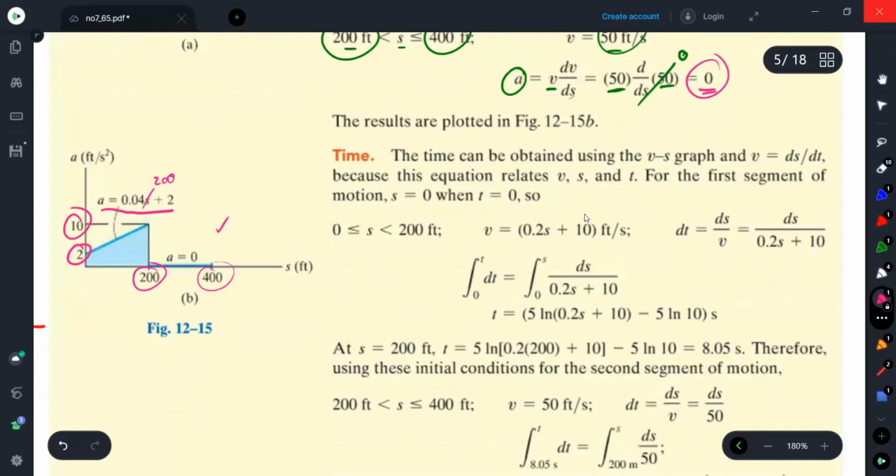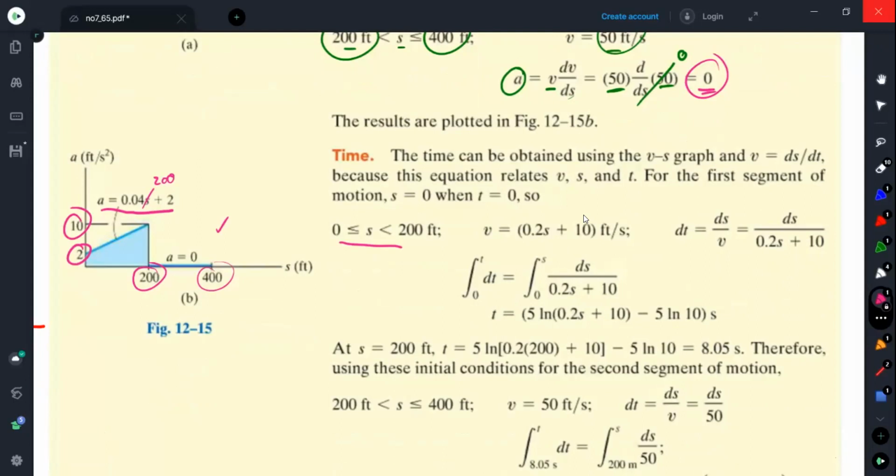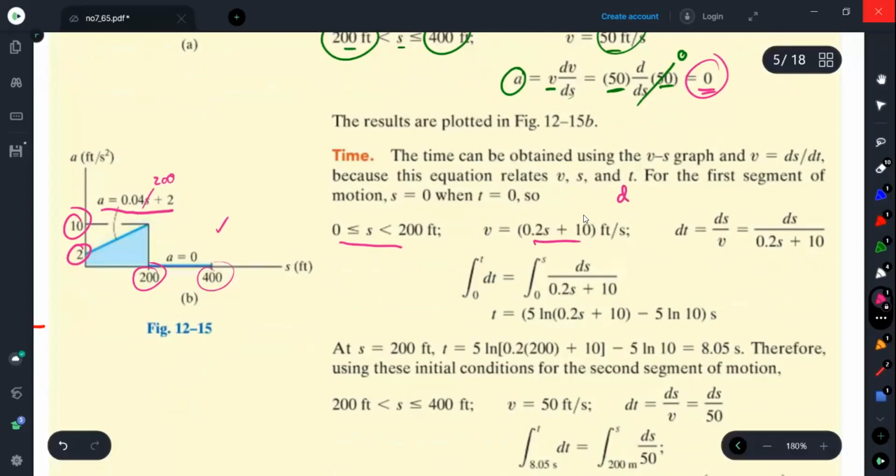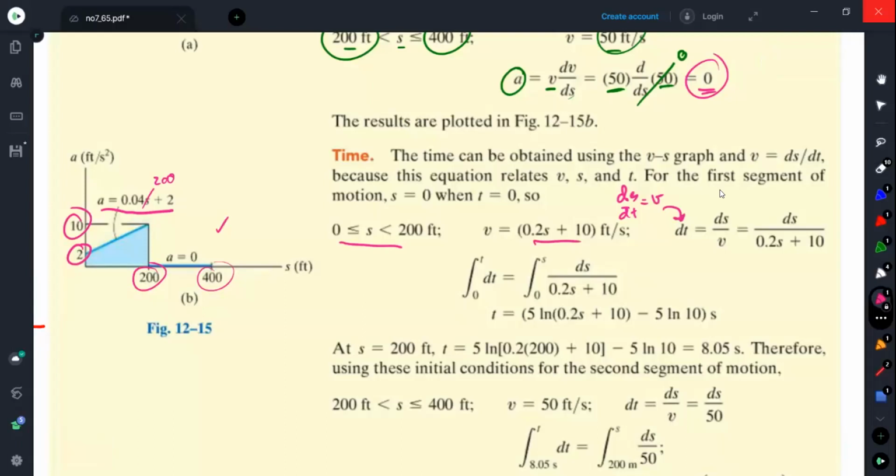We start from the first period, where s is greater than 0 and less than 200 feet. We have the velocity function here, and for this case we know that ds by dt is v, right? So we rearrange this equation, and we get dt equal to ds over v, and we know v in terms of s here.